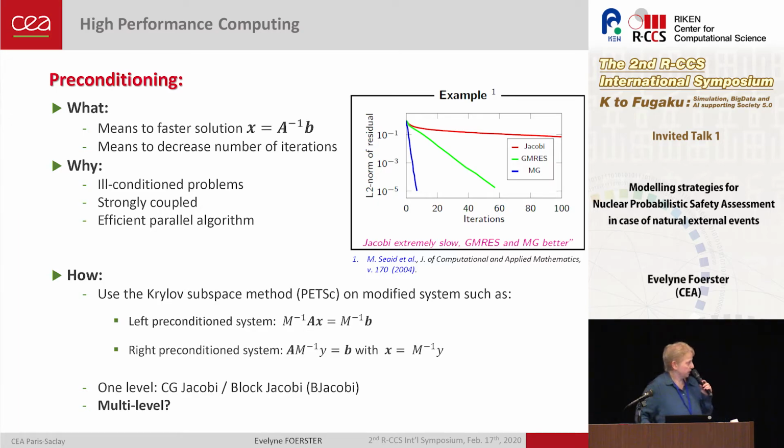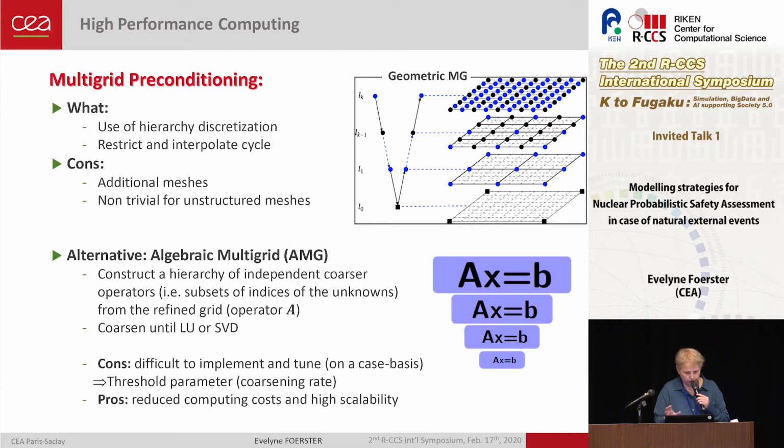We want to increase the efficiency of our algorithm, so we have used a preconditioning strategy, which is based on the Krylov subspace method, and with a multi-level preconditioning grid, multi-grid preconditioning.